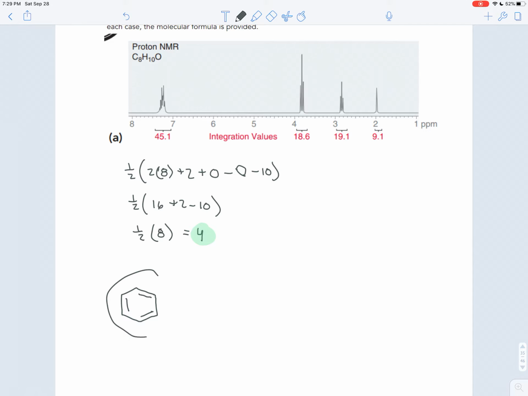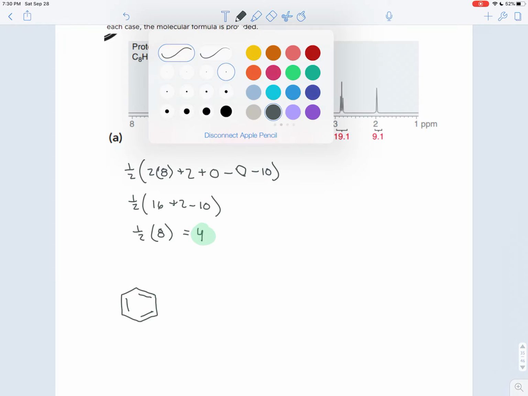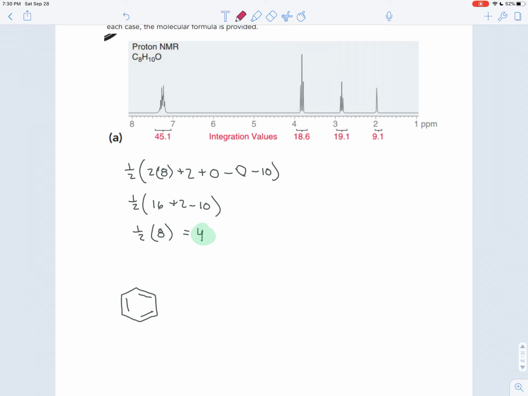Now, to figure out how many branches our benzene ring has coming off of it, we'll want to use the integration values. They've given us relative integration values. To calculate the actual number of hydrogens in each of these different environments, we'll want to get the lowest whole number ratio for these and make sure that our ratio adds up to the actual number of hydrogens that we have.